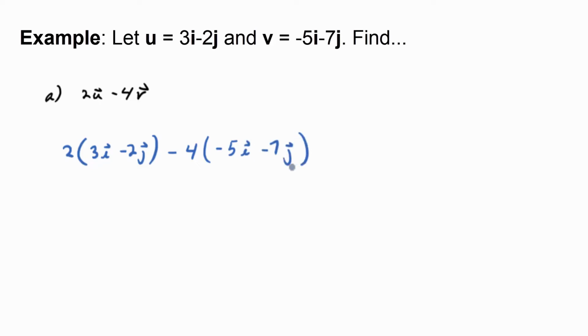So all I'm doing is substituting. Does that make sense so far? Now think about it. What property that you've been learning about since pre-algebra is scalar multiplication going to look like here when I do the multiplication first?